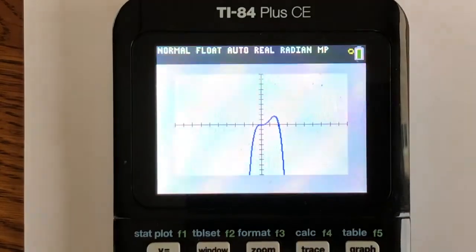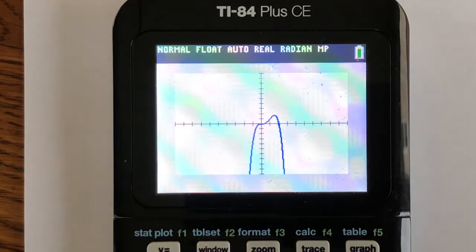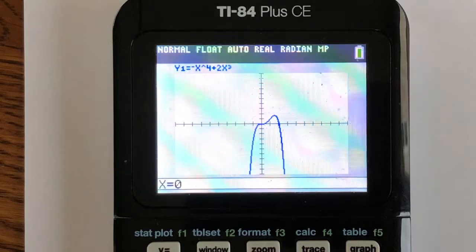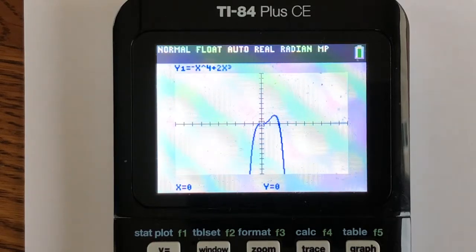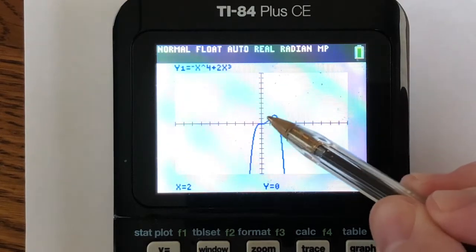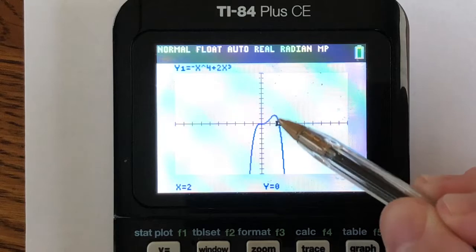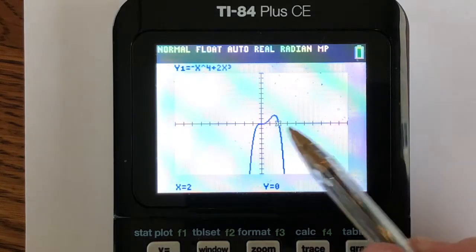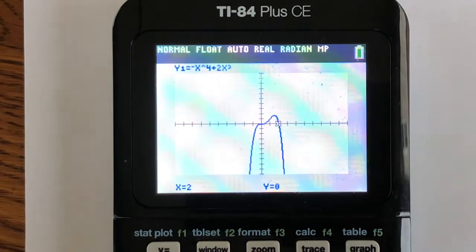Do you see that if we look at this thing over the interval from 0 to 2, the graph of negative x to the fourth plus 2x cubed is greater than y equals 0? And y equals 0 is just the x-axis. So because that's true, we're going to set it up as follows.